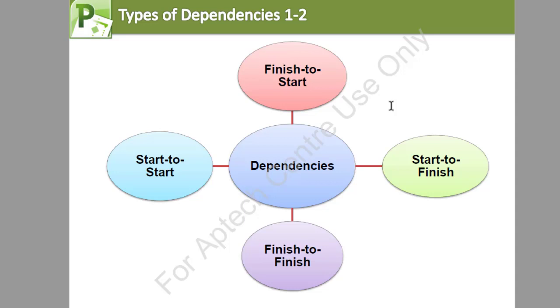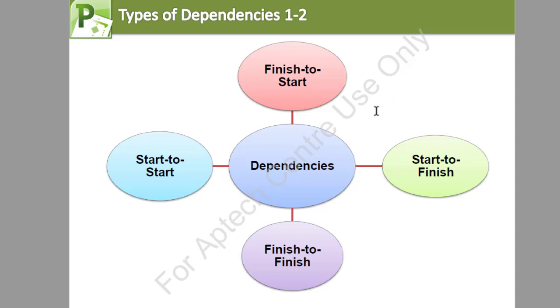A good example is the shifts, the way the guards work. The morning guards can only end their shift in the evening once the evening guards come in. Finish to finish is when tasks finish at the same time. Then start to start is when two tasks begin at the same time.